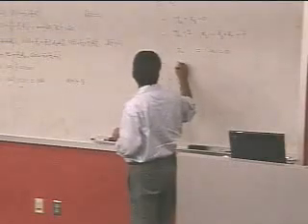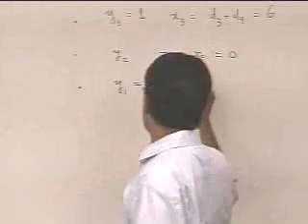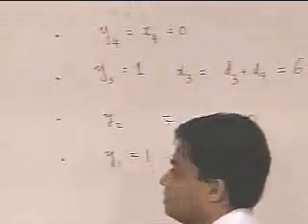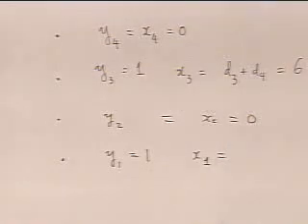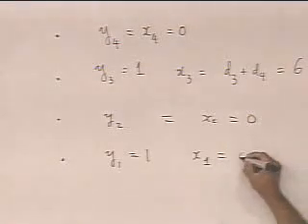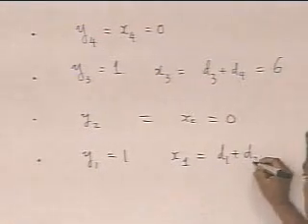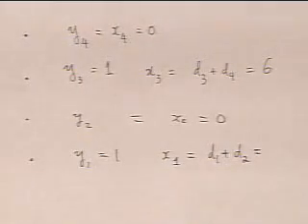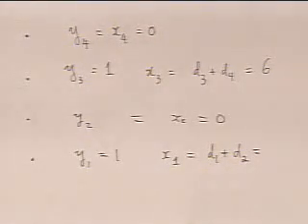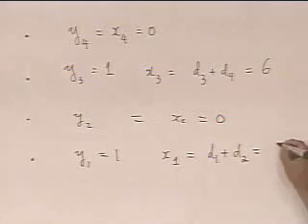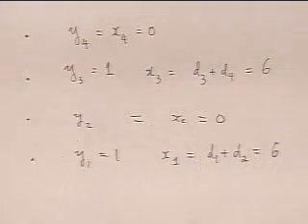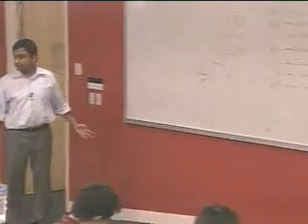And what about Y1? That's equal to 1. And what about X1? How much would you produce at time 1? D1 plus D2. And that turns out to be 6. All right? And what is the total cost?